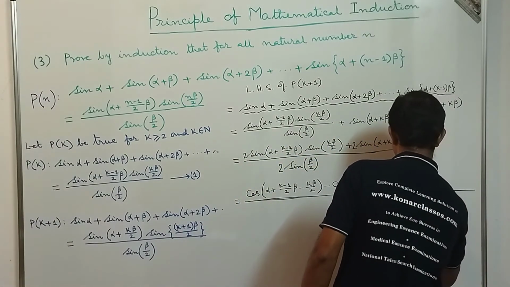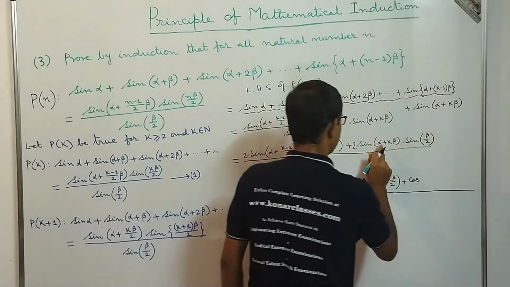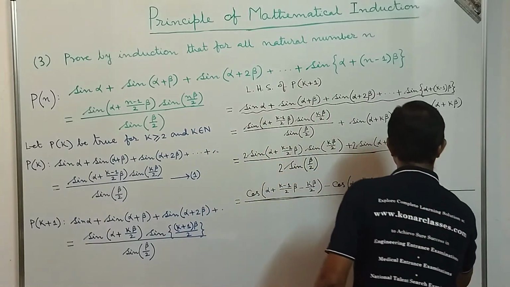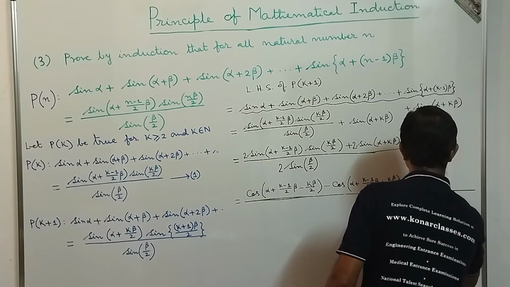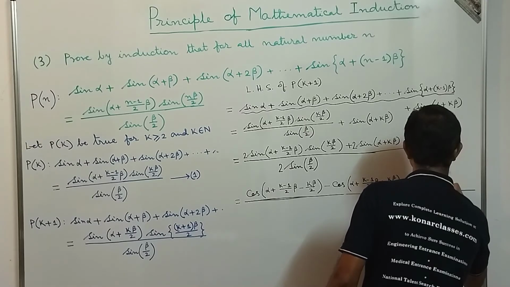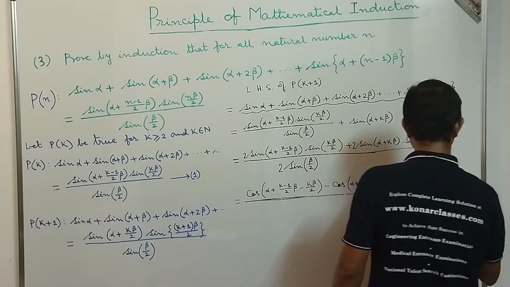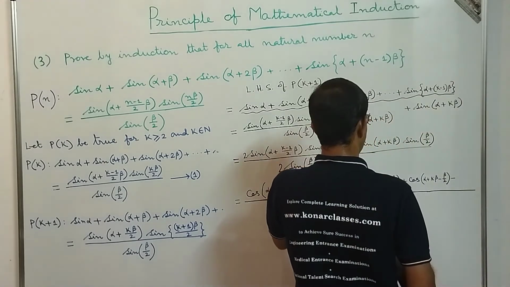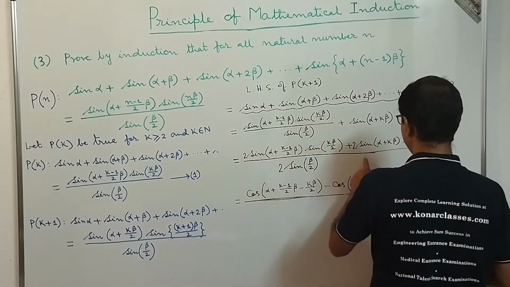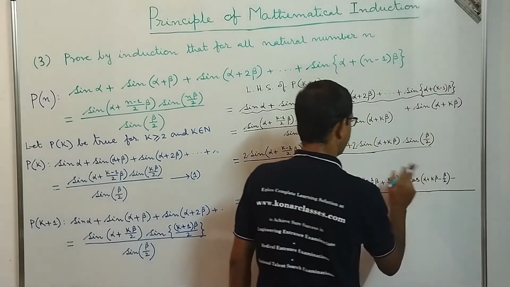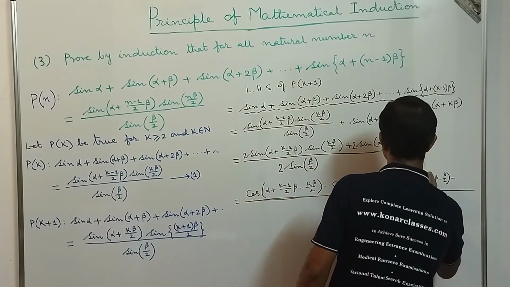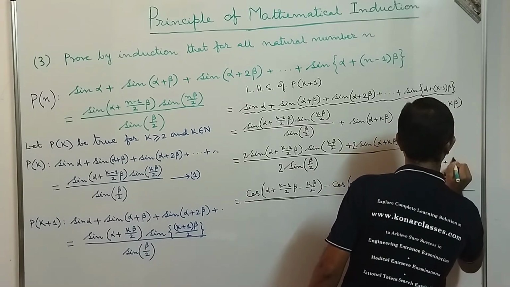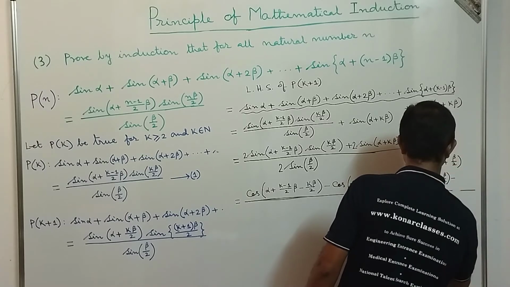So you can write it here plus cos(α+kβ-β/2), minus cos(A+B), so cos(α+kβ+β/2).